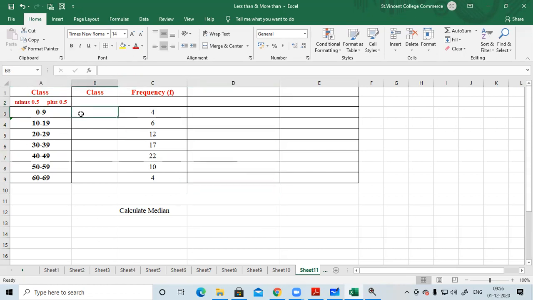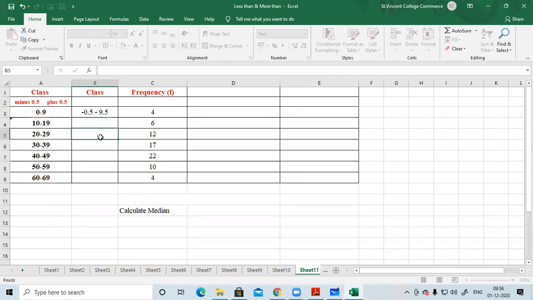So when you do 0 minus 0.5, what answer will you get? Can someone try on a calculator and tell me? Yes, 0 minus 0.5. It will come minus 0.5, and 9.5 will be the other.